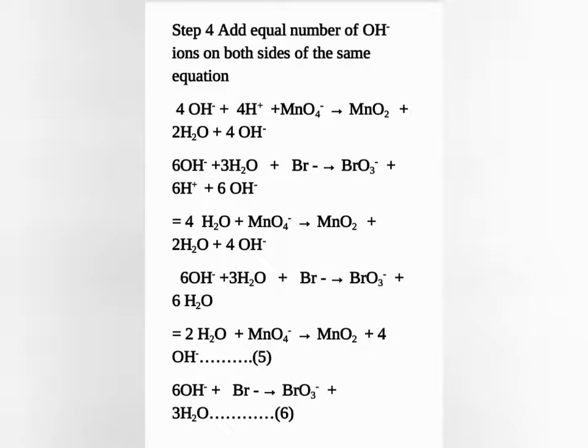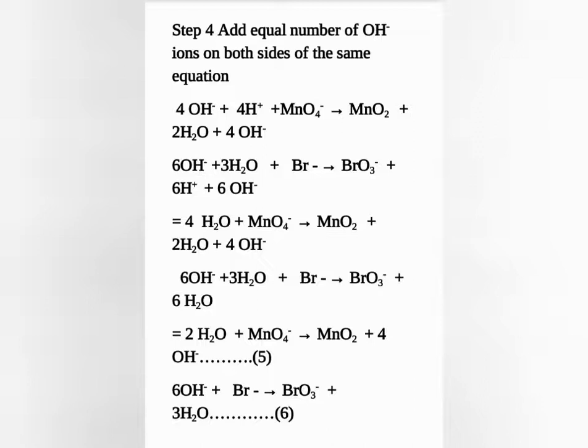The second equation becomes 6 OH minus plus 3H2O plus Br minus gives BrO3 minus plus 6H2O. And you can see in each equation we have water molecules on the left hand side and right hand side. Now we can remove those water molecules depending upon the exact number. For example, in the first equation we have 4H2O on the left hand side and 2H2O on the right hand side.